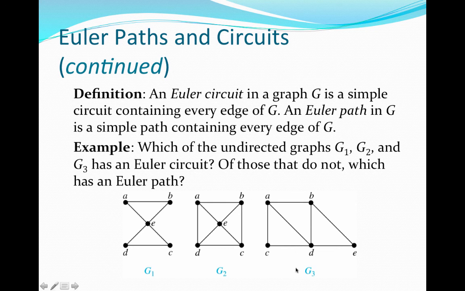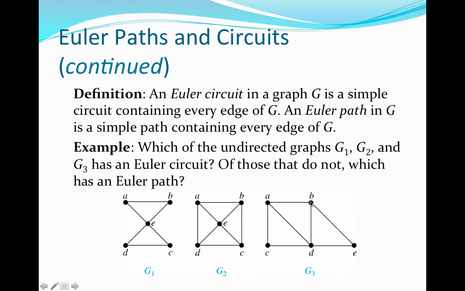What about graph 3? Let's try the same trick that worked for the first one. We'll go around the outside. Start from A, and trace all of the outside. Okay, we've gotten back to A, but there are still edges to travel. So far it doesn't have an Euler circuit. The last two edges we have to travel are on the inside.